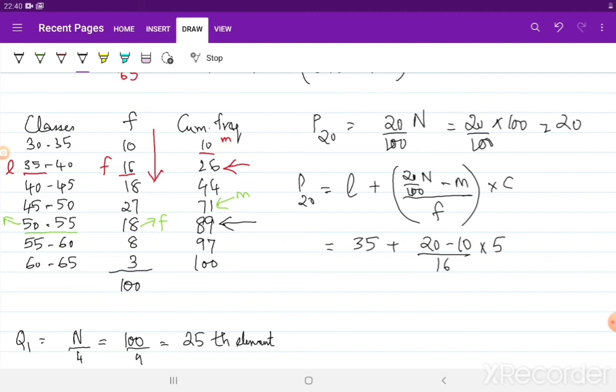So 20 minus 10 is 10 by 16 into 5. So that's 50 by 16, which is equal to 38.125, or 38.13, is the value of the 20th percentile.